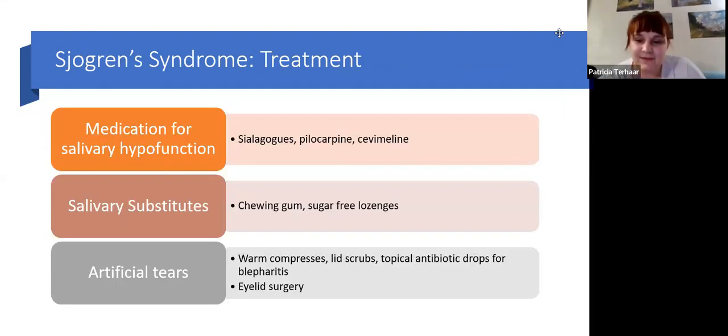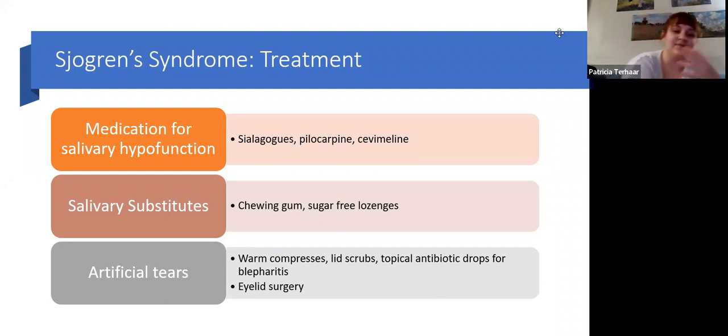In terms of treatment for Sjögren's syndrome, there's medication for salivary hypofunction, so sialogogues, pilocarpine and cevimeline. There are salivary substitutes they can use, such as chewing gum or lozenges, which are usually sugar-free to prevent dental caries, and that can help induce or produce more saliva.